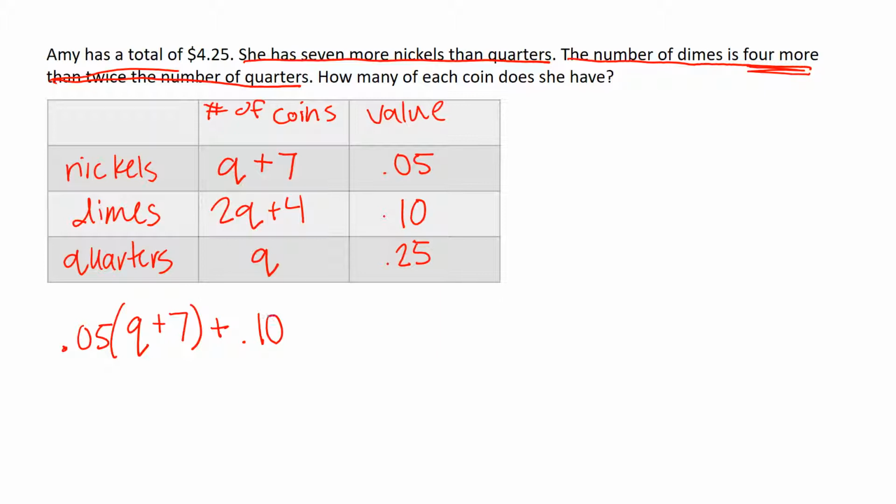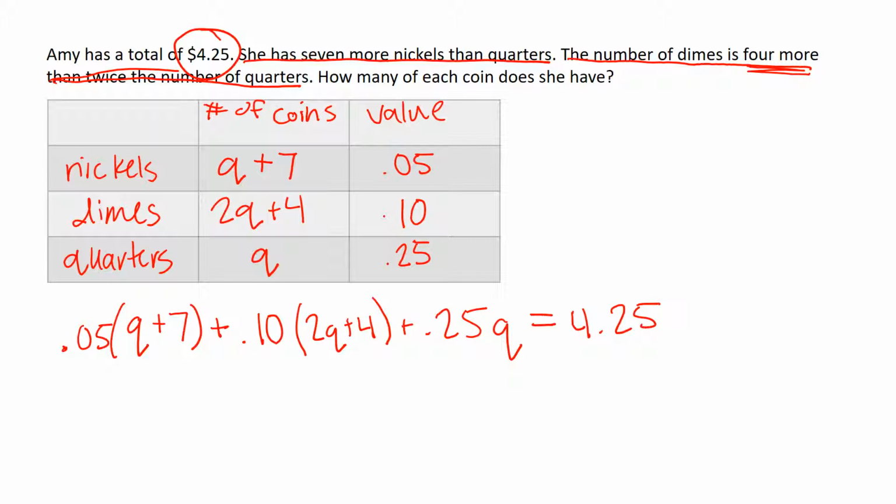So 10 cents times the number of dimes plus 25 cents times the number of quarters. And that's going to be equal to the total amount of money that we have. And luckily, we know what that value is. That's 425. We'll set this whole equation equal to 425.